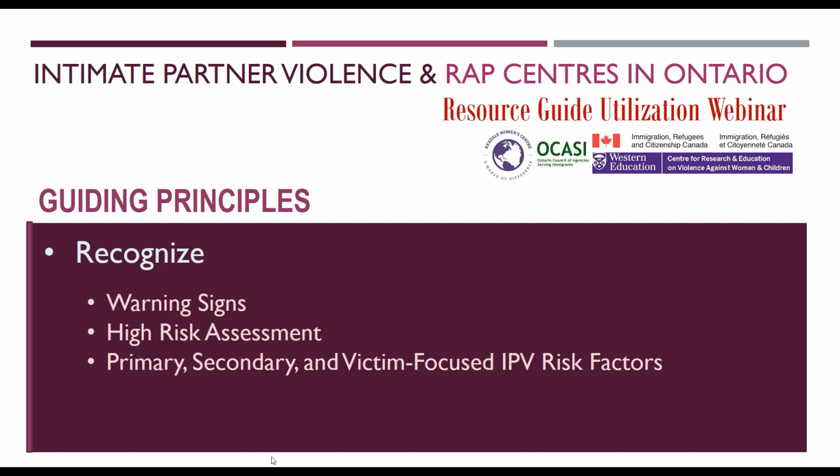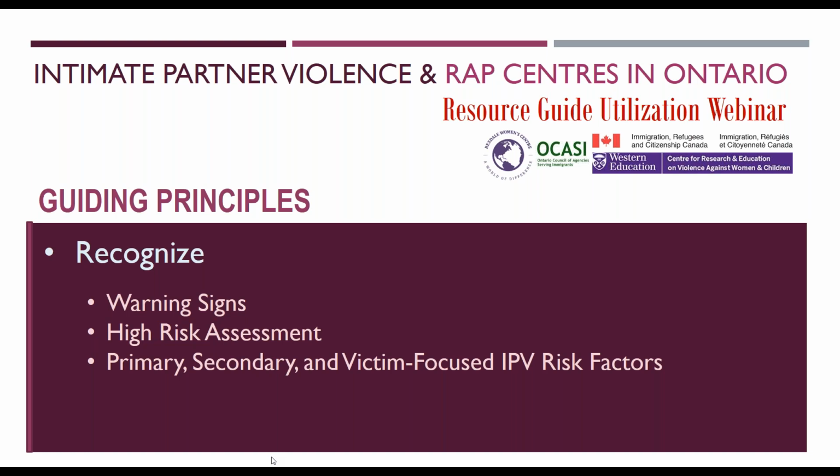And so going into each one of those principles, the first one being recognize. So within the guide, you will find information regarding warning signs. Those warning signs are really key to prevention and early intervention related to intimate partner violence. You will find also a high risk assessment in there.